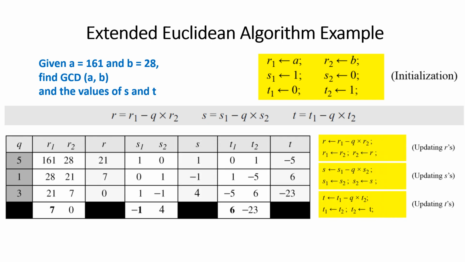We use a table to follow the algorithm. We get GCD(161, 28) equals 7, s equals -1 and t equals 6. The answers can be tested because we have -1 times 161 plus 6 times 28 equals 7.